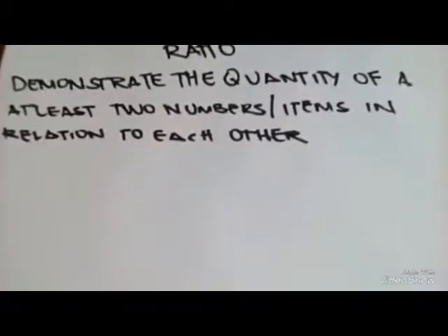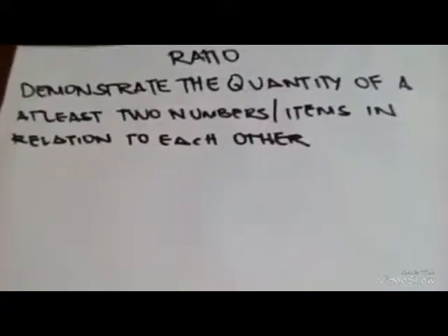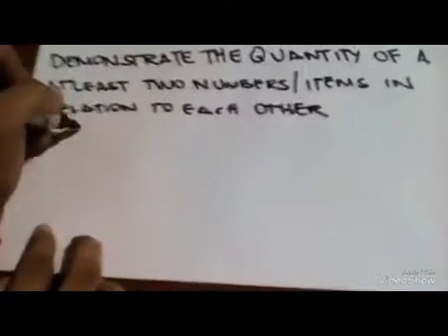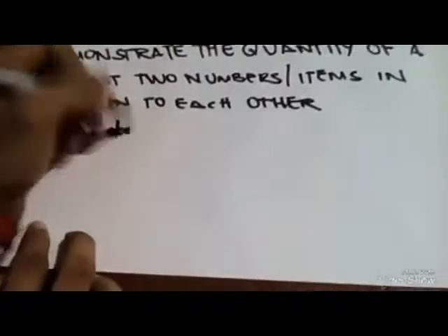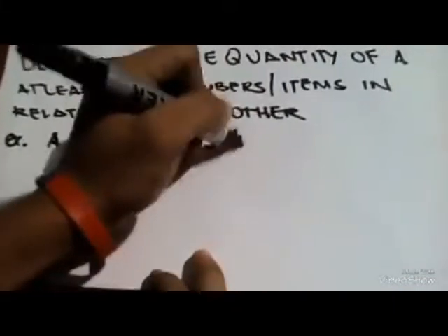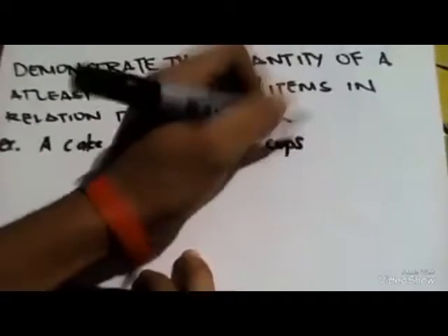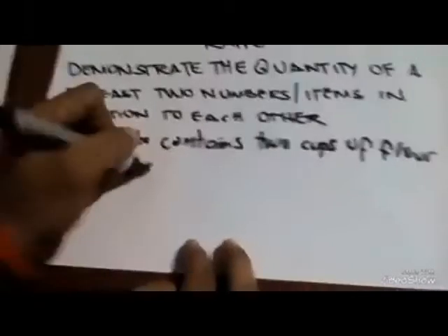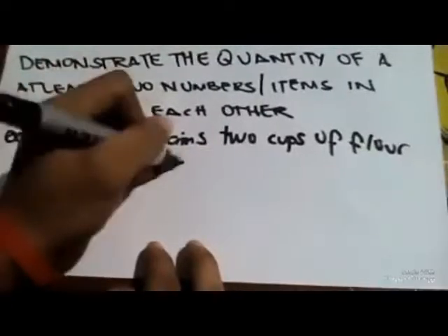And last, it demonstrates the quantity of at least two numbers or items in relation to each other. For example, a cake contains 2 cups of flour and 1 cup of sugar.